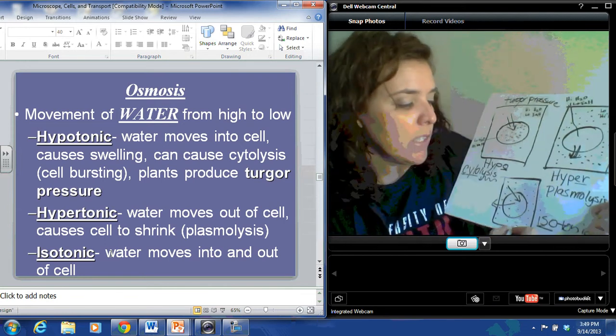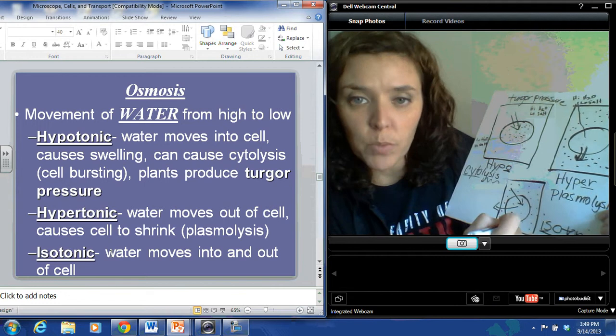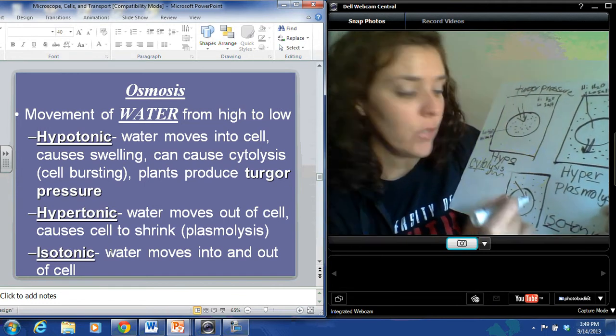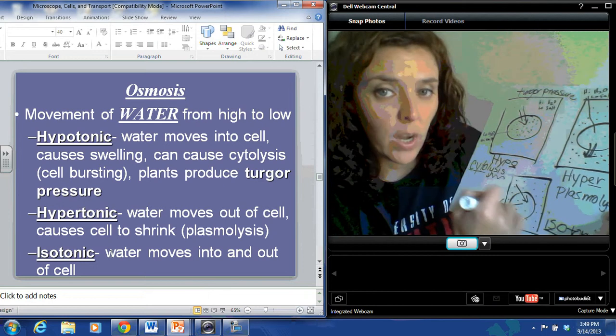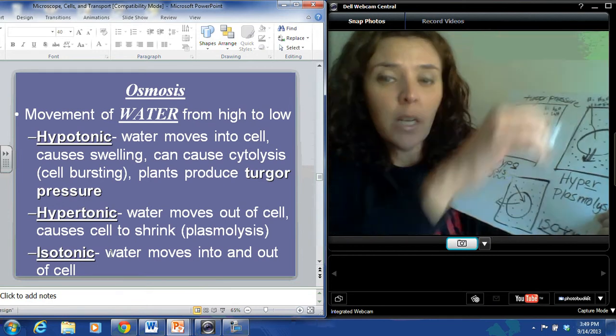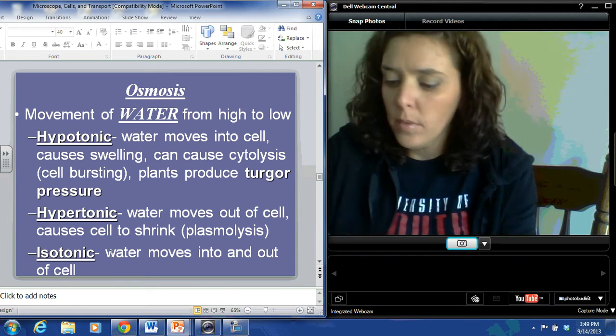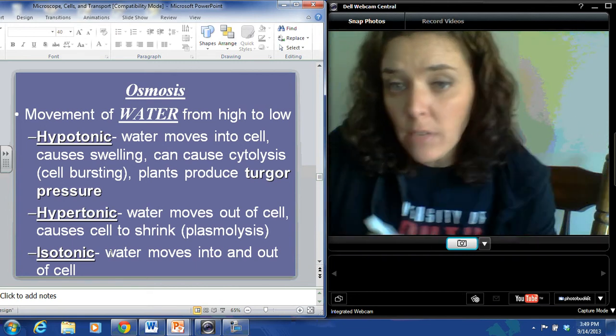And then the last one is where you have an equal distribution of molecules compared to water, and so that is called isotonic. Water will move in and water will move out. Okay, so that is your three examples of passive transport.